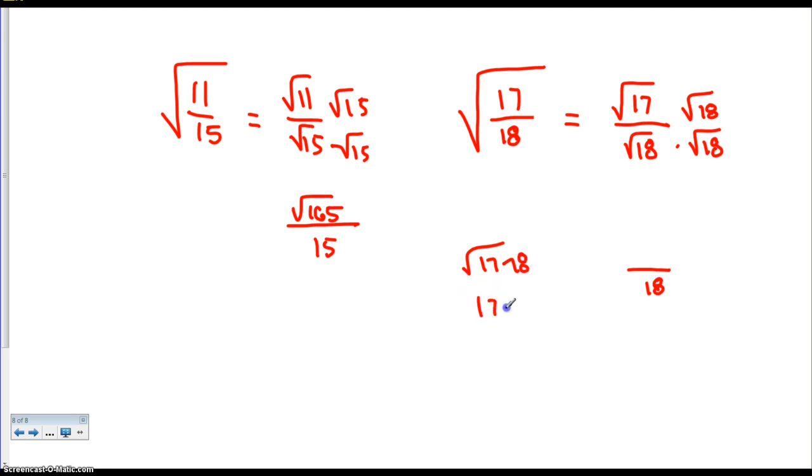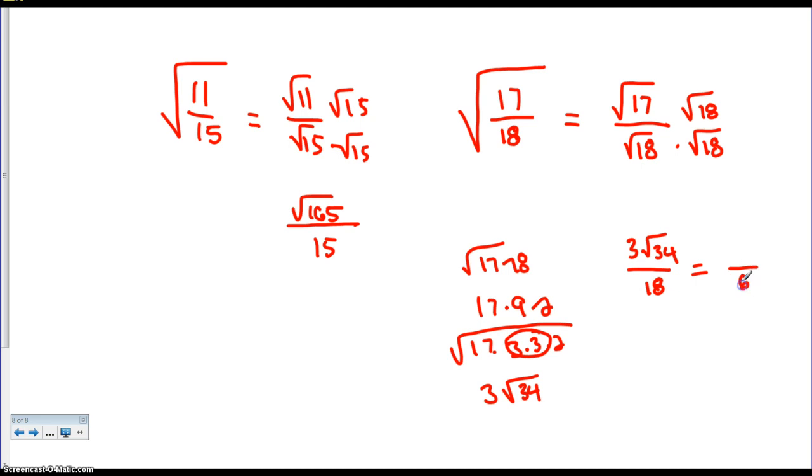So I have 17 times 9 times 2, which is 3 times 3 times 2 times 17, which means I have a pair of 3s, so I have the 3 square root of 34 over 18. Because both the 3 and the 18 are outside of the radical sign, I can simplify it. 3 goes into 18 6 times, so I have the square root of 34 over 6.